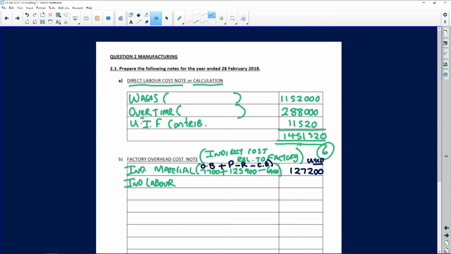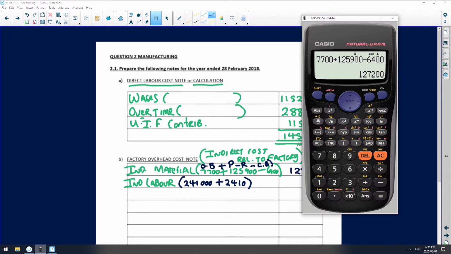Okay, so let's do that in our answer sheet. The factory foreman's salary, an amount of 241,000, plus the UIF contribution to the factory supervisor, an amount of 2,410, and that will give me my indirect labor.